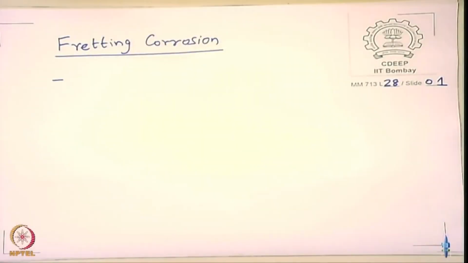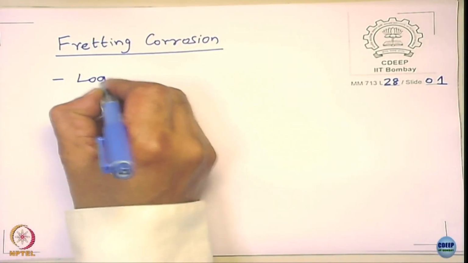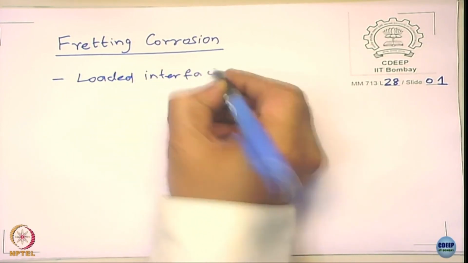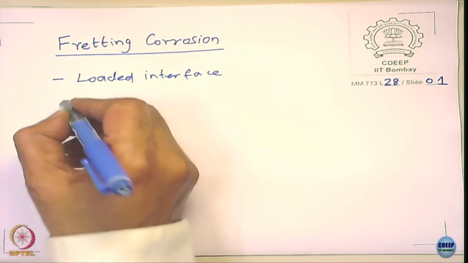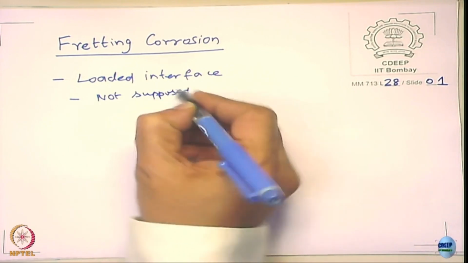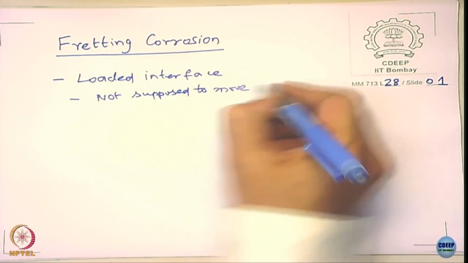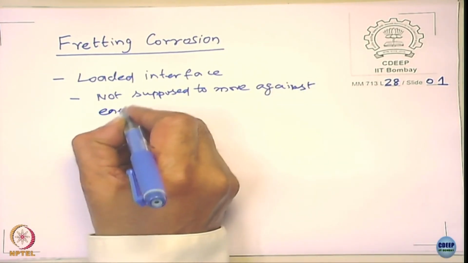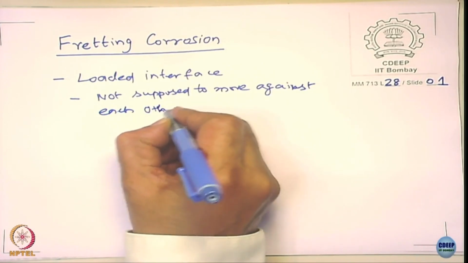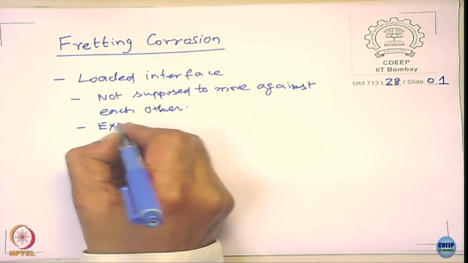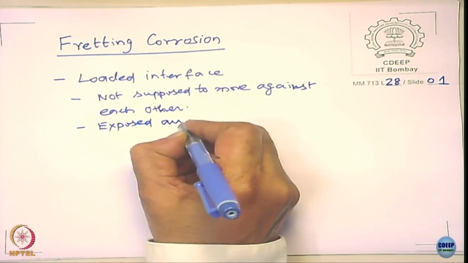So, the fretting damage, the fretting corrosion refers to loaded interfaces, first of all, which are not supposed to move against each other, and they are exposed to air.